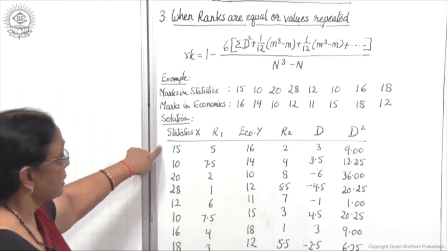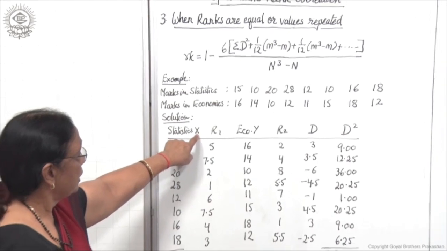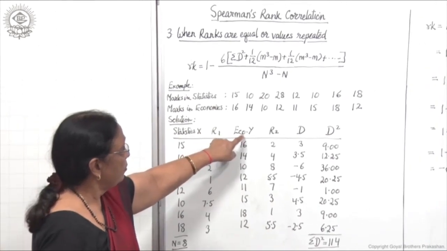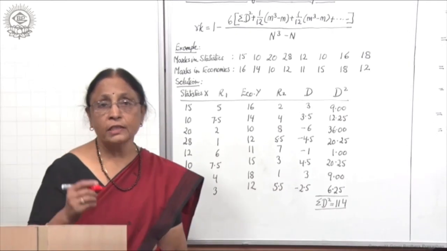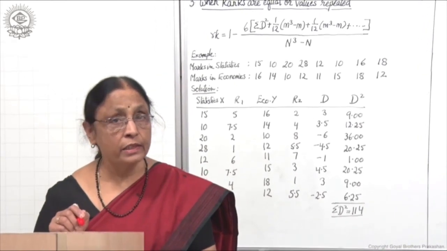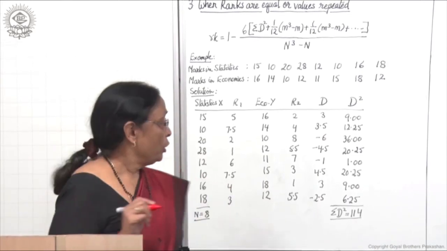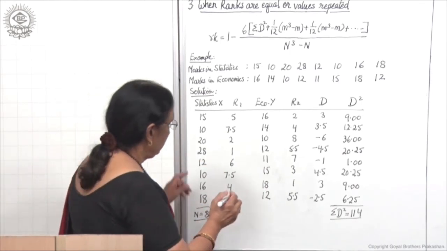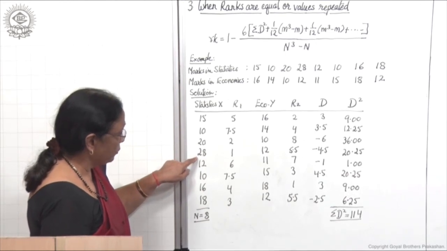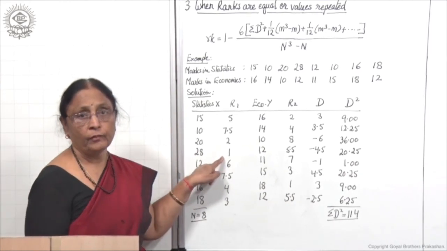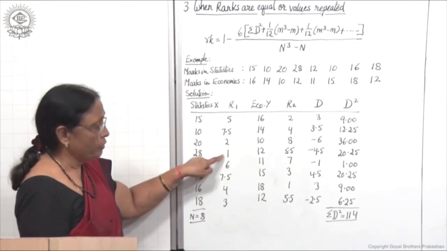Now here in this case, marks of statistics is the X series, and marks of economics like this, right? Now as the ranks are not given, these are the marks given, you are supposed to allot the ranks. Now let us see what the ranks are. Here I have taken the highest marks as first rank, okay? 28 is the highest figure in this, so first rank here.